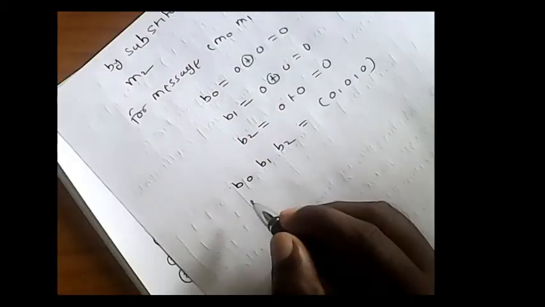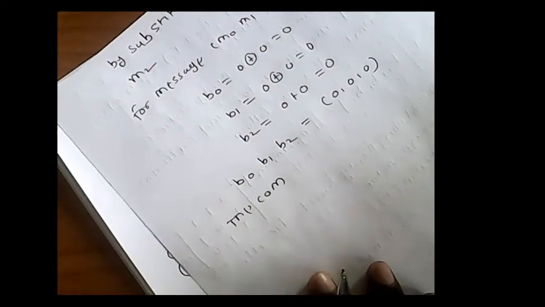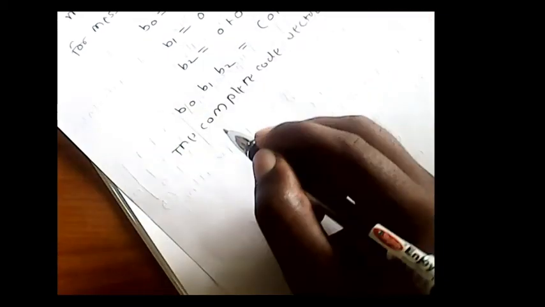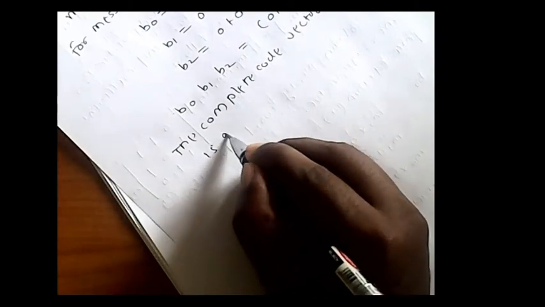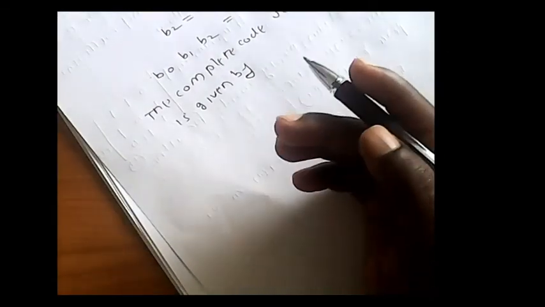So the complete code vector for this message is given by, we know that the complete code vector is a combination of your message bit followed by the parity bits.